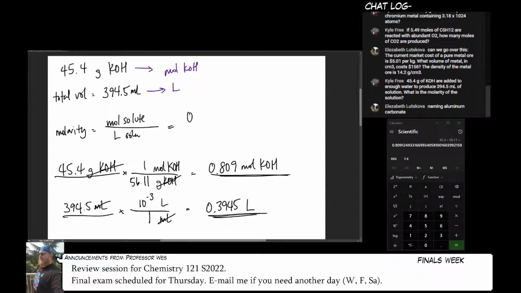So the moles solute is 0.809. And then our volume is 0.3945.